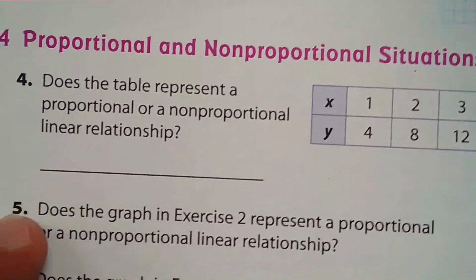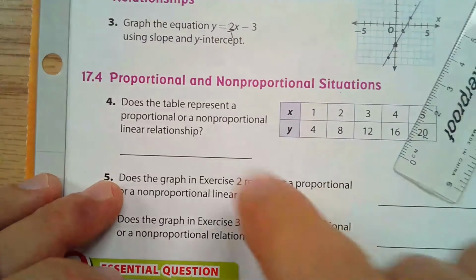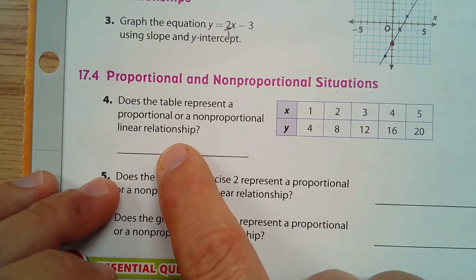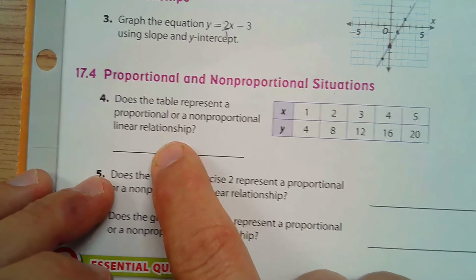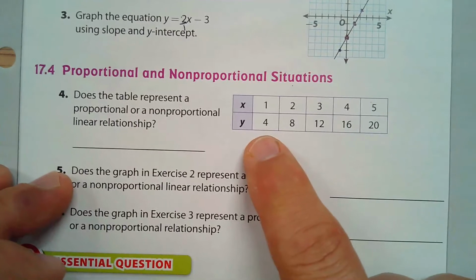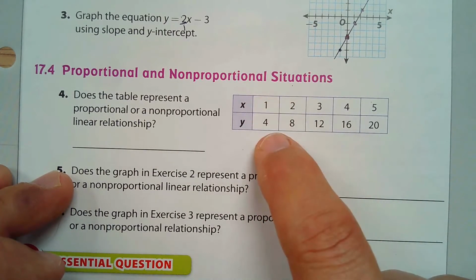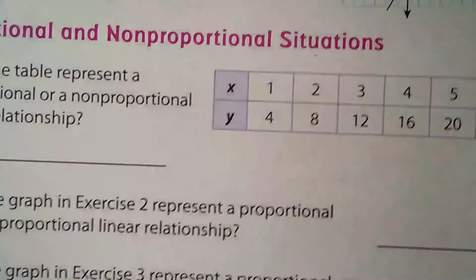Next, we have, does the table represent a proportional or a non-proportional linear relationship? If it's proportional, then y over x will be the same in every case.